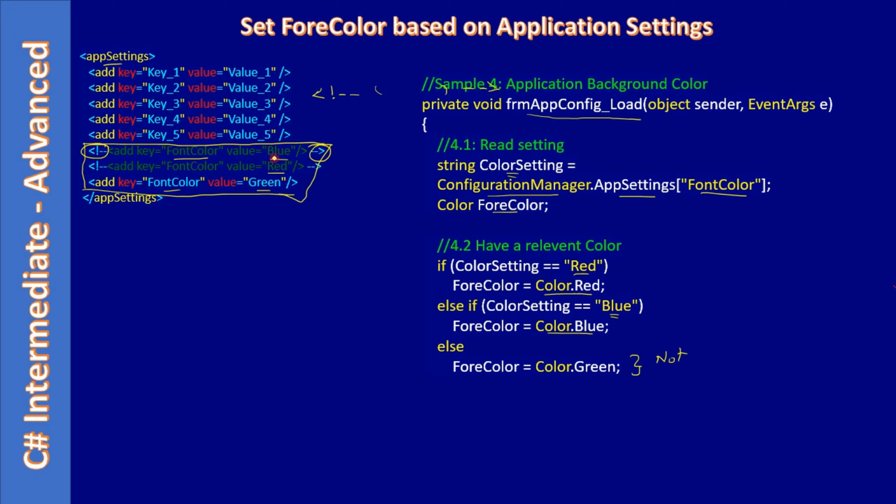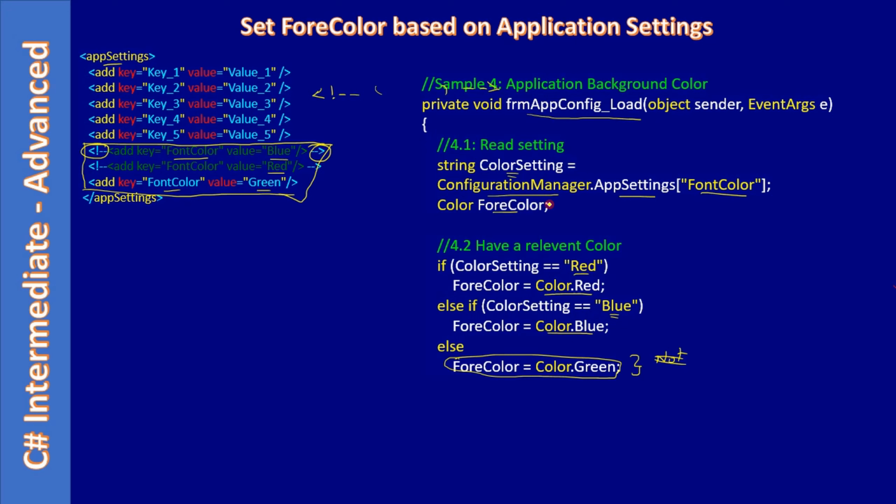So that's why we have to always check for a valid value. Here we can even put one more else if, and we can check green. Anyhow, here it will work, but don't leave it as open-ended like this. Always check else if colorSetting equals green, then assign the green color.